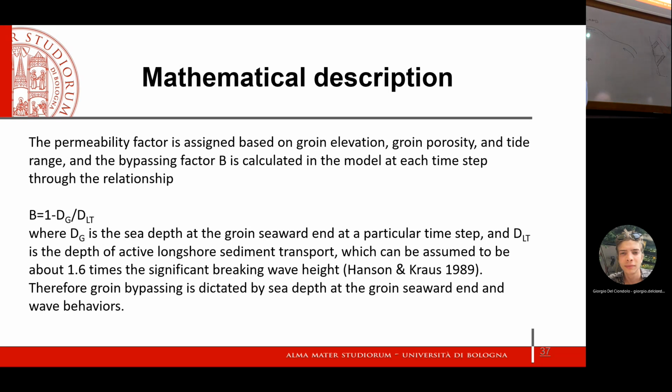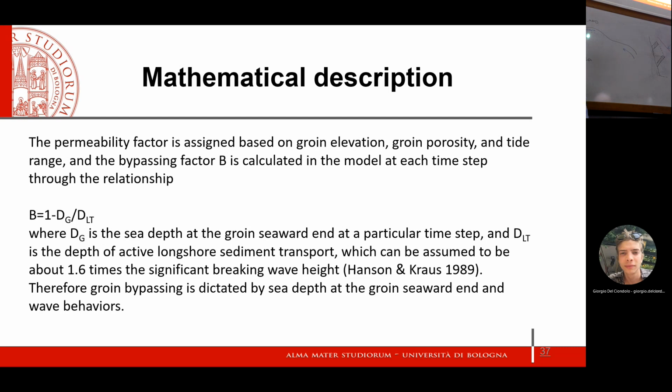Okay, so the permeability factor may be estimated again based on groin elevation, groin porosity, which is actually the ratio between the void and the full body of the structure, and the tide range.